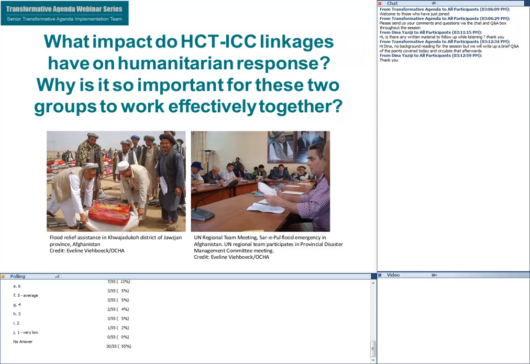I certainly think they need to have a dotted line in terms of at least accountability to the HC, not looking for day-to-day management responsibilities, far from it. But I think that the cluster leads do need to have some responsibility to the humanitarian system as embodied through the HC. So that's one issue I would highlight.